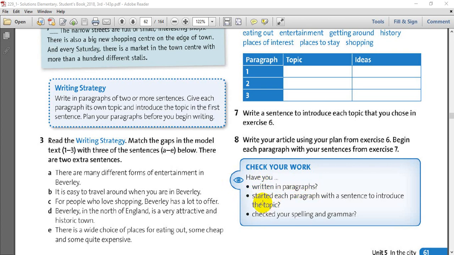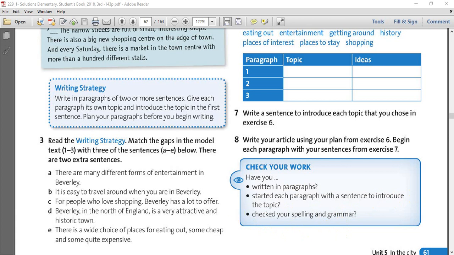Have you started each paragraph with a sentence to introduce the topic? Check your spelling and grammar. Pay attention to writing the vocabulary correctly, and to grammar.